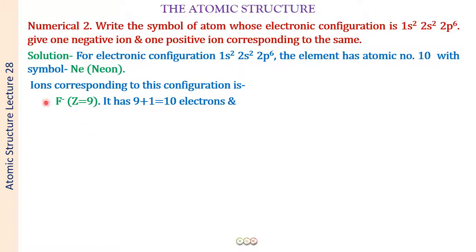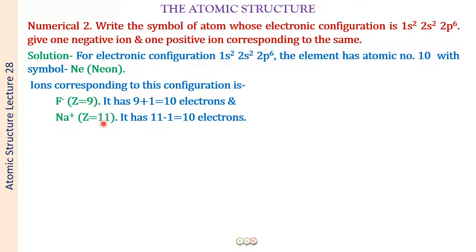So we have fluorine with the atomic number 9. Atomic number 9 means 9 electrons, and then we add 1 electron, we will get 10 electrons, right? So fluorine, after gaining 1 electron, becomes F negative, and this is the negative ion which has electronic configuration similar to neon. Similarly, we have to have one positive ion.